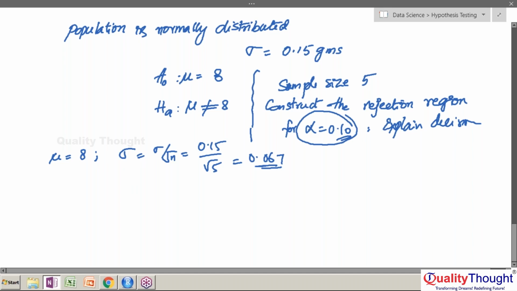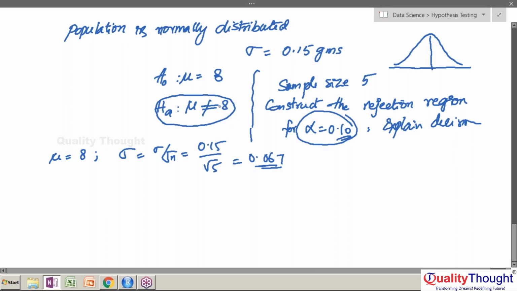Now, is this a two-tailed or one-tailed test? We know this is how the distribution looks. Two-tailed. Why? Because the alternate hypothesis is not equal to, so you can't say less than or greater than; you need to consider two-tailed.